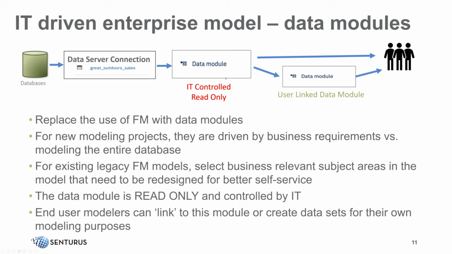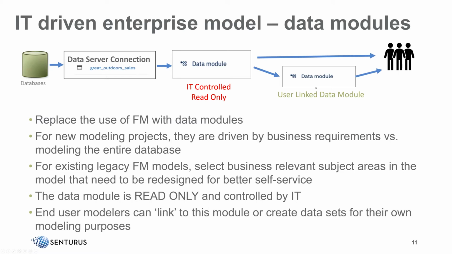Maybe this is a representation of a subject area of the FM model that used to be in an FM package that now has been made into a data module. And then users can also create their own data module that's linked to here. It'll still allow users to inherit changes from this, and then add other things to this linked module, which kind of brings us to another area that we could look at.